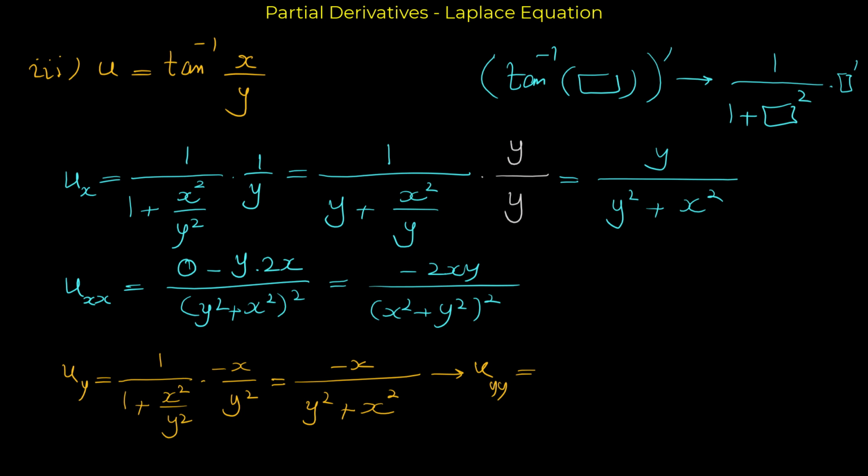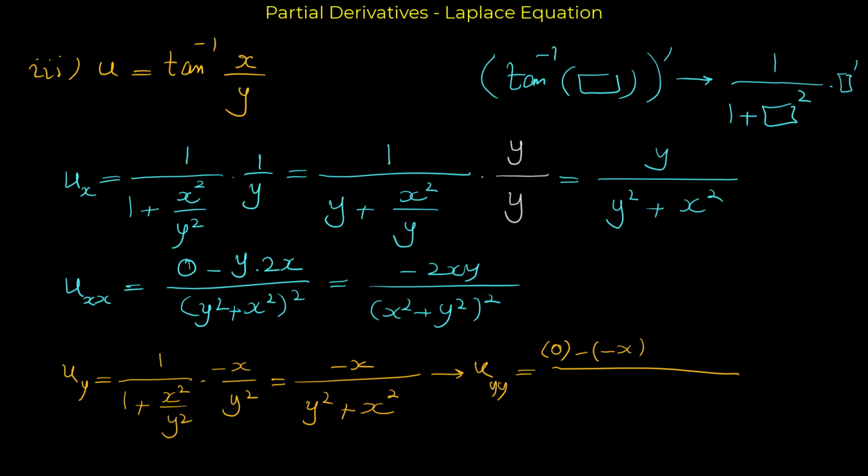We use the quotient rule. Based on the quotient rule, the derivative of the top is with respect to y. Attention, we are taking the derivative of uy with respect to y to find uyy, so it would be 0. The derivative of the top times the bottom would be 0. Minus, we don't really need to write that 0. Minus, write the numerator times the derivative of the denominator.